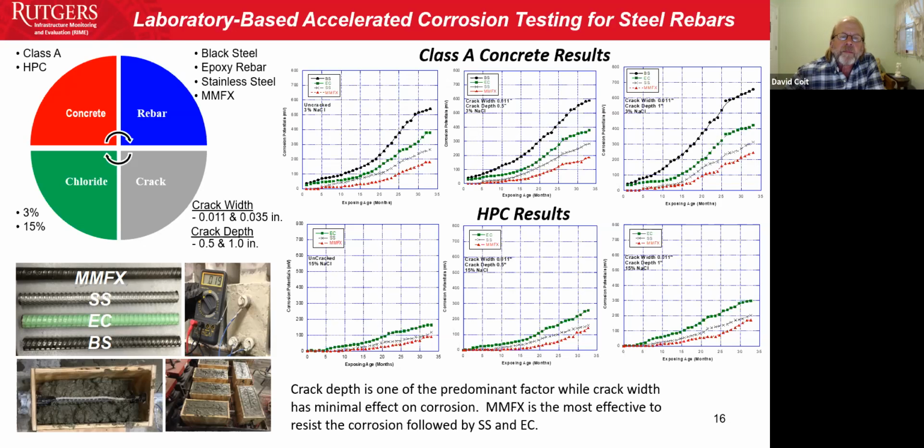Along the bottom, you have the 15%, so much more aggressive, yet the high performance concrete shows much lower corrosion of the rebars. Another thing you see very clearly is the material behavior. The red triangles are the MMFX, and that always shows the best behavior, or the least amount of corrosion. And along the top in black, the black steel has the most.